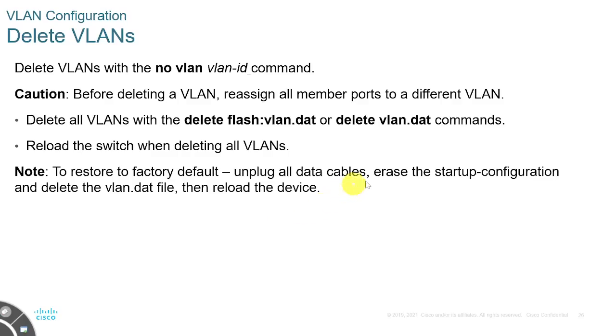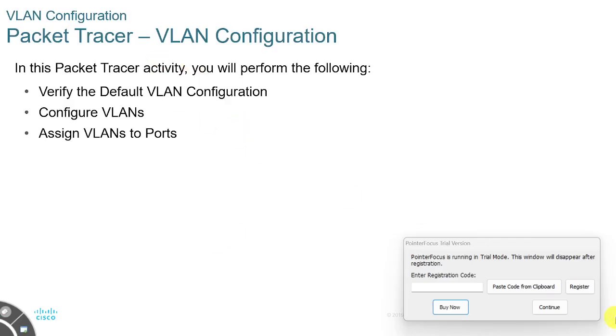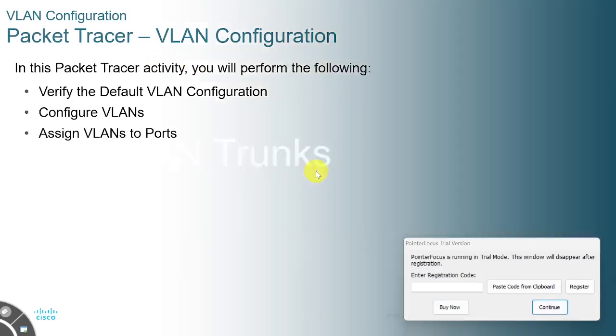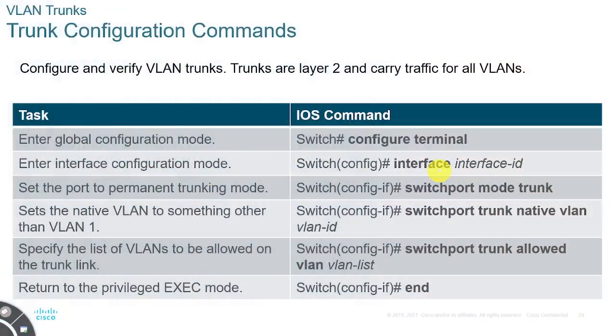Okay, unplug cables, erase startup, delete vlan.dat, then reload the device. We will do this exercise in Packet Tracer afterwards. VLAN trunks. Okay.